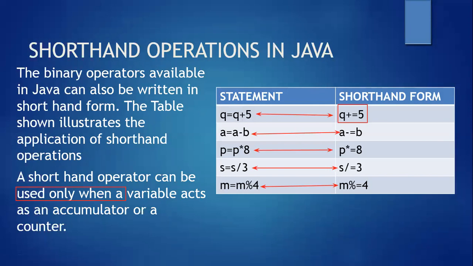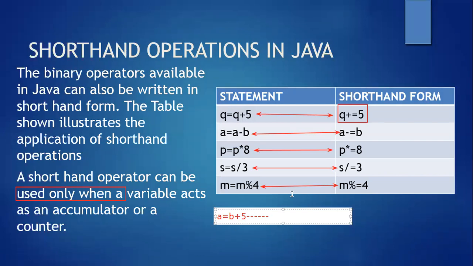Let me explain. If I want to write A is equal to B plus 5, can I write this in a shorthand form? No, I cannot, because I cannot write A plus B plus 5 that way.